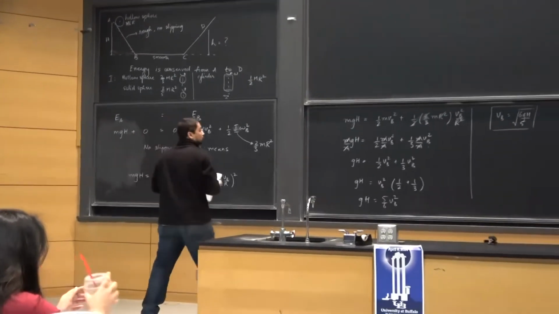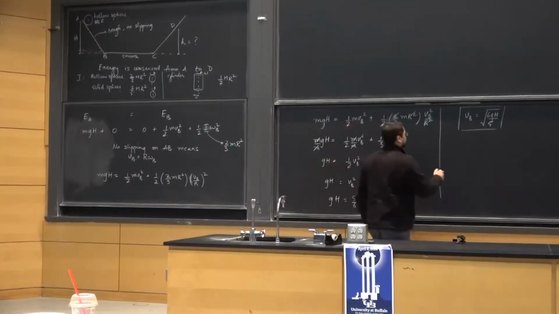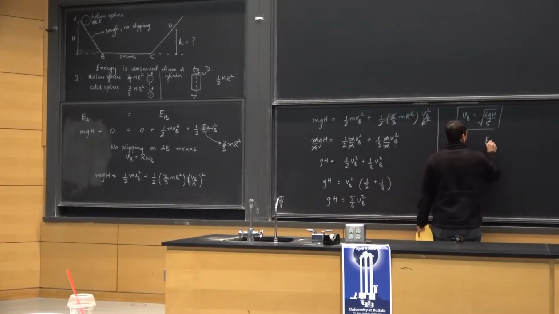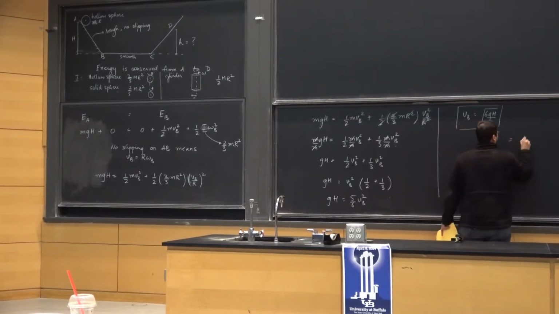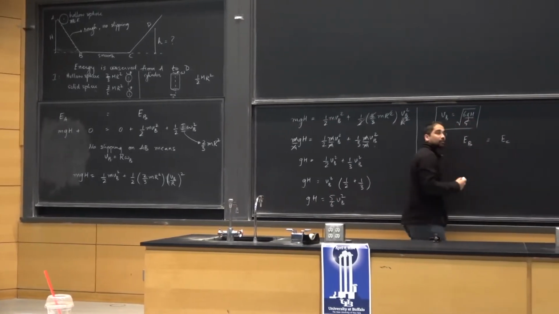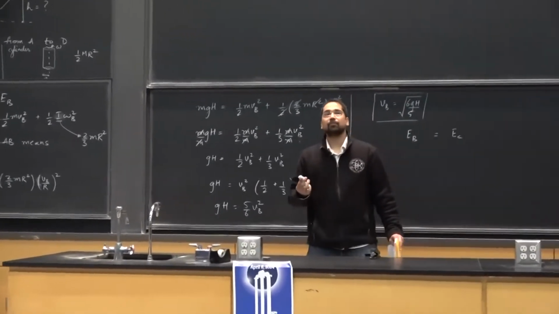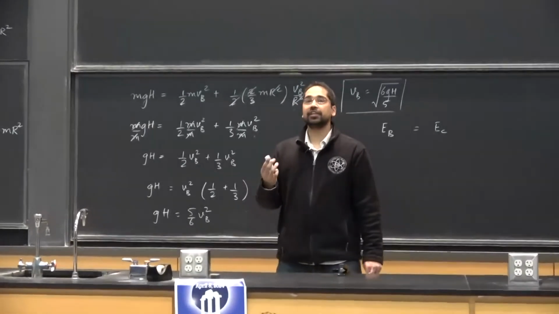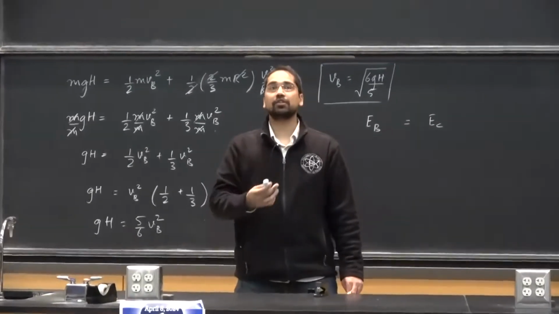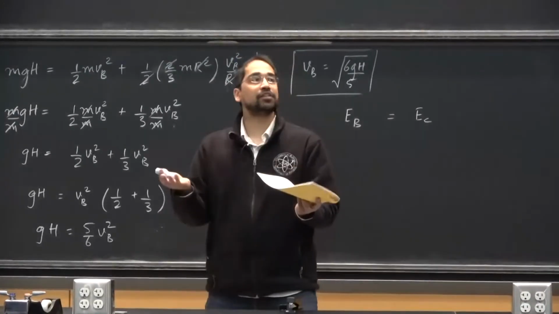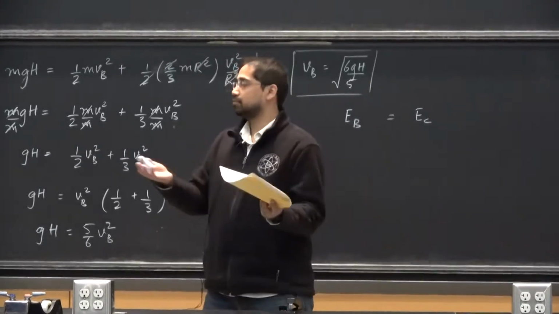So B to C, how much is the change? What is the potential energy at B? 0. What is the potential energy at C? C must also be 0, right? Because it is at the same level as B, and they're both ground level.